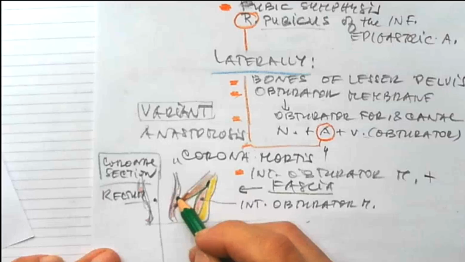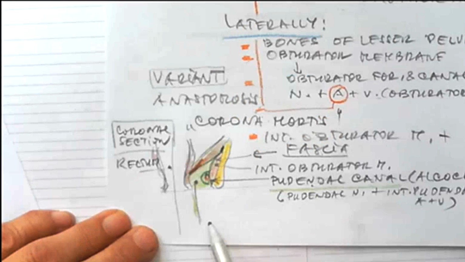So it contains the pudendal nerve plus internal pudendal vessels, artery plus vein. That's it. So now we know that it lies also on the lateral wall. And that space here, it's not bad to remember, is a fossa which contains soft connective tissue, using just very light green. This space is called ischioanal or ischiorectal.